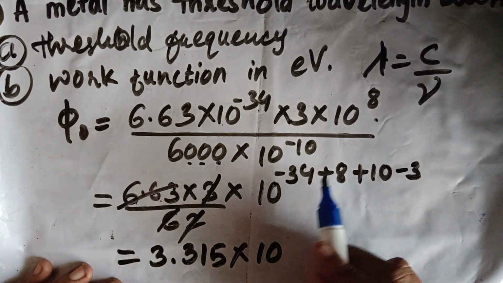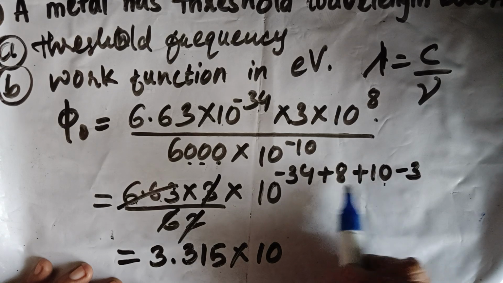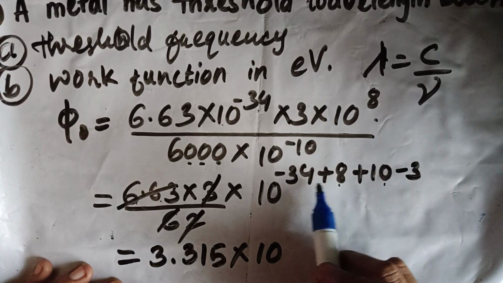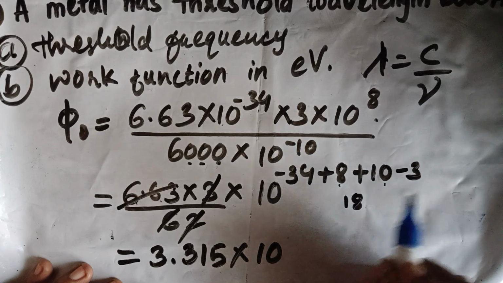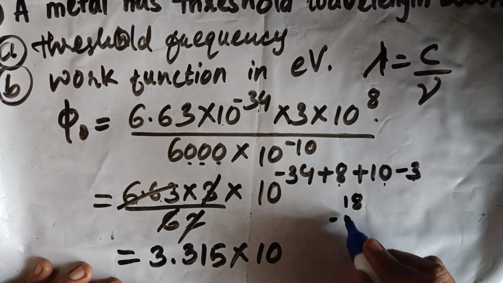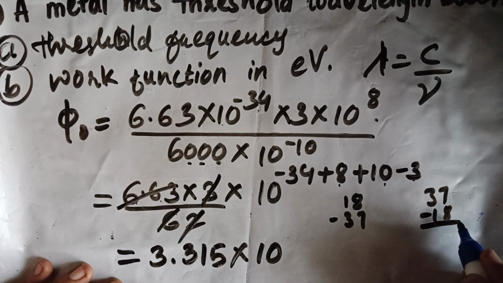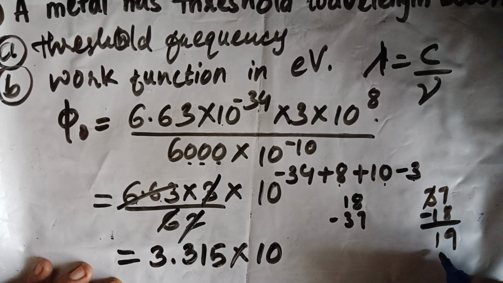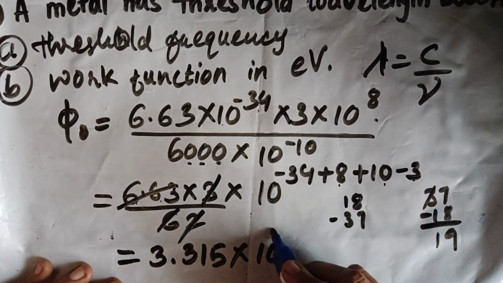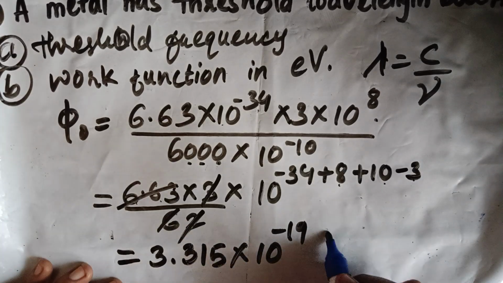So it will be around 3.315 into 10 raised to minus 19, and this is in joules.